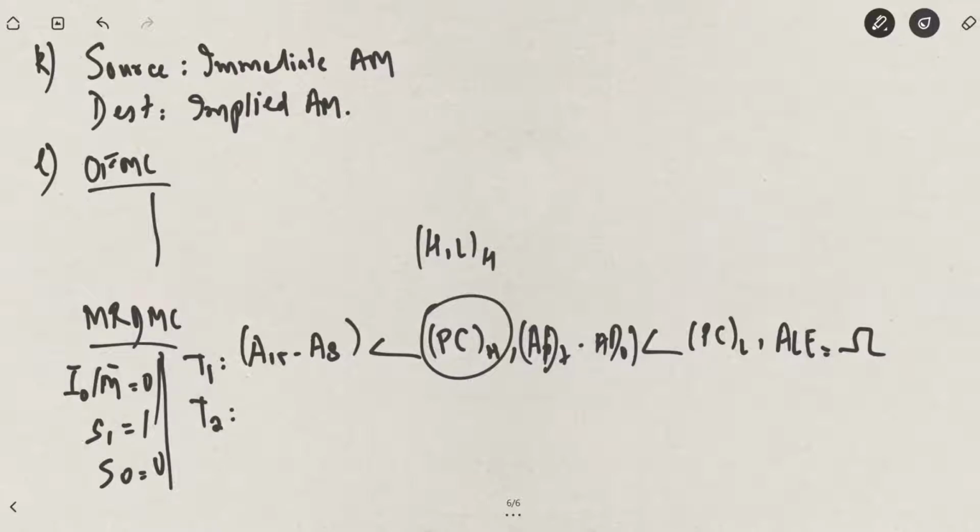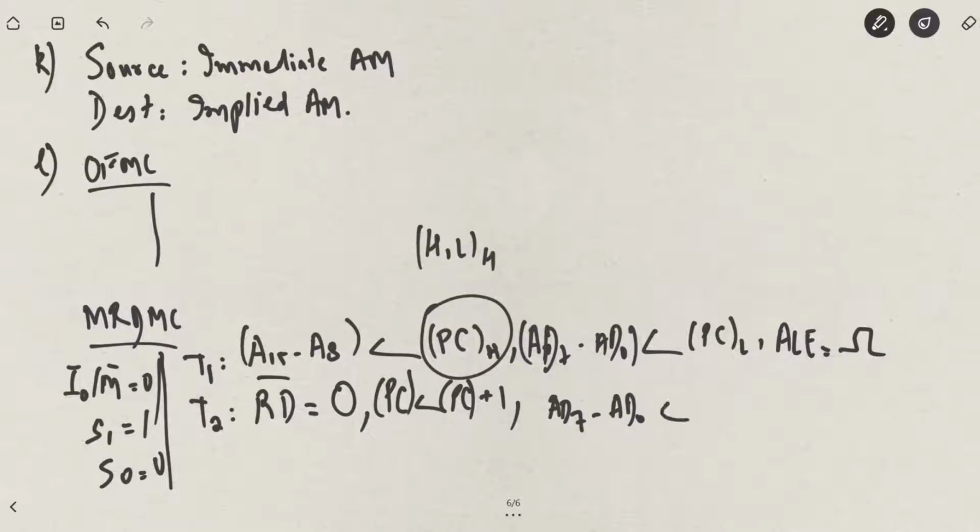T2, in the T2 state, now since this is a read cycle, read will become activated by making it 0, and the program counter is always incremented in the T2 state. So the program counter is incremented, and whatever was on that location of the address bus will be transferred to the data bus now.